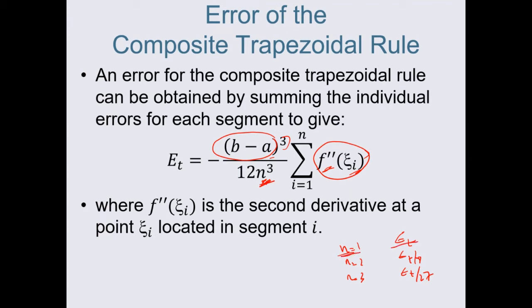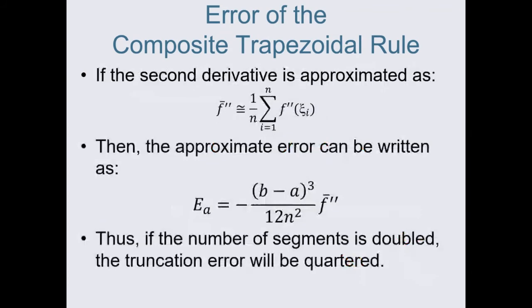So this is how, by applying greater values of n, we can reduce the error. And then of course if you add them all up, it goes to n squared, so that if the number of segments is doubled, the truncation error will be quartered. So it depends on the square of the value of n.